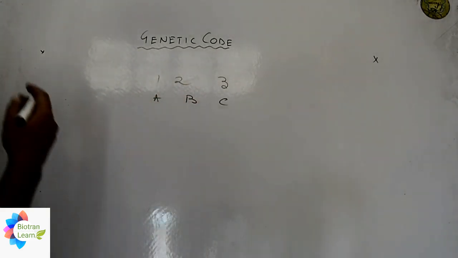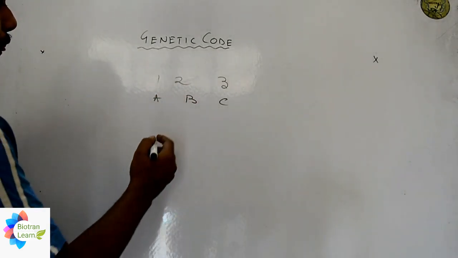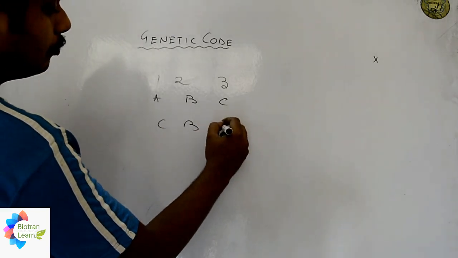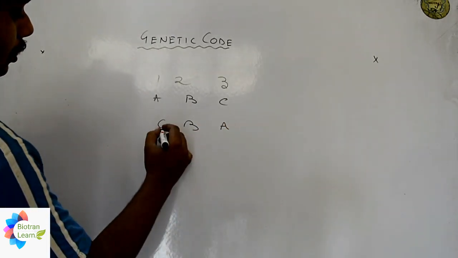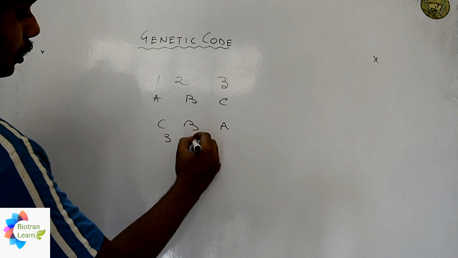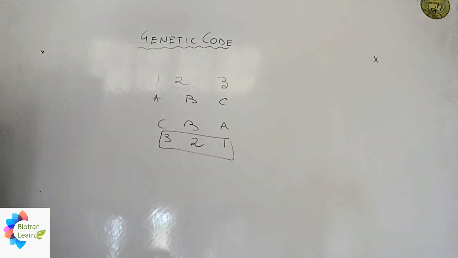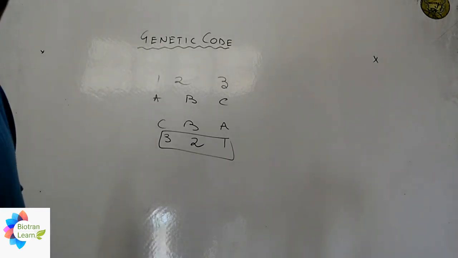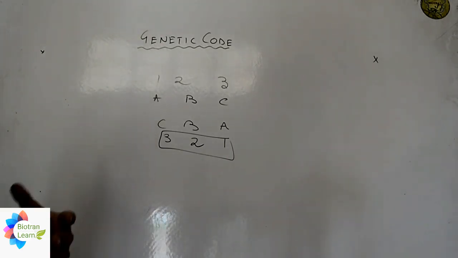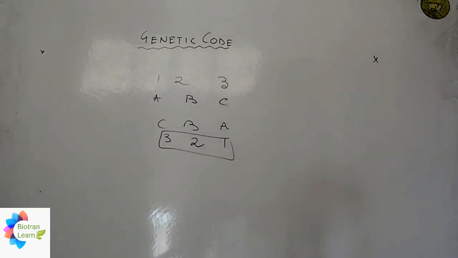Now if I want to write CBA, what would be the code? The code will be 3, 2 and 1. Likewise, when a particular DNA is transcribed to a particular RNA, it will follow a certain code by which the further processing will be carried out.